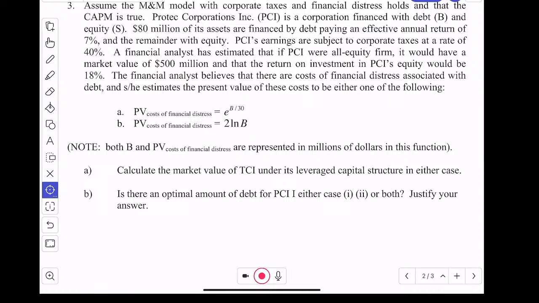So we need to take the function and estimate the market value. So what that means, so I'll move this question away for now, the optimal debt question.